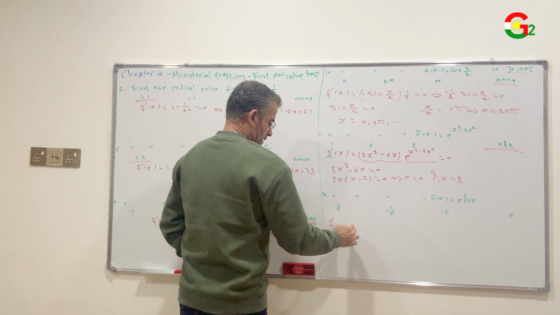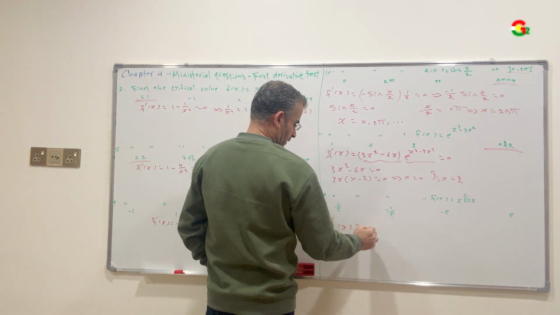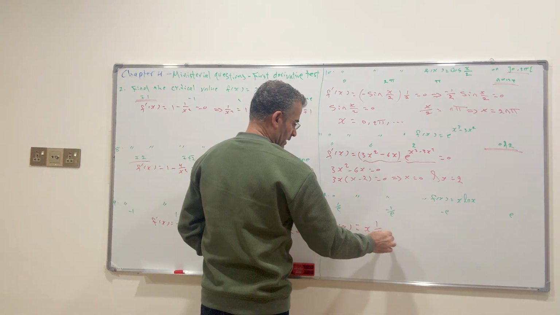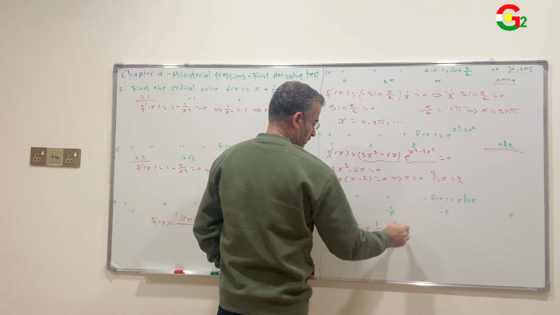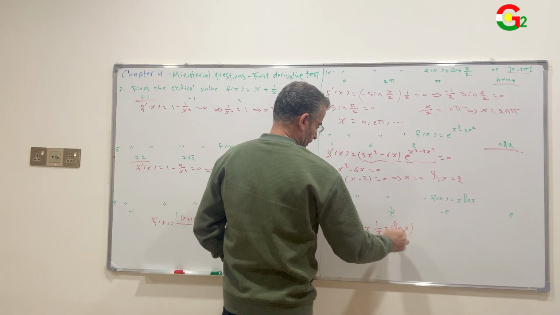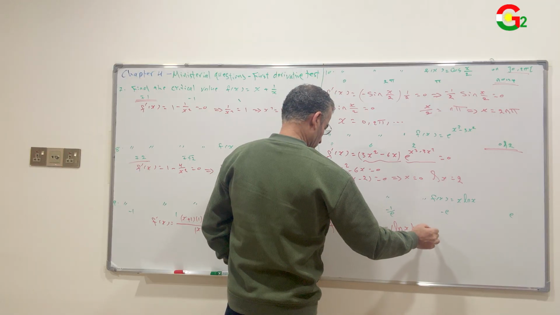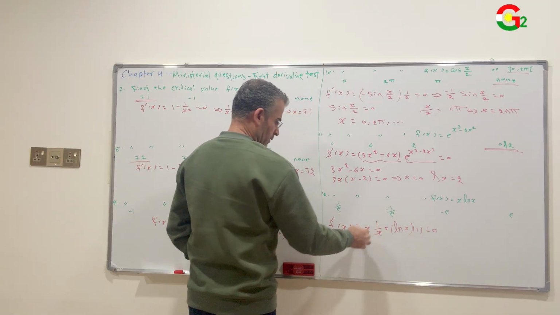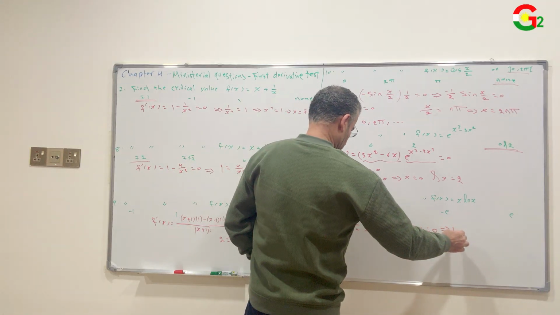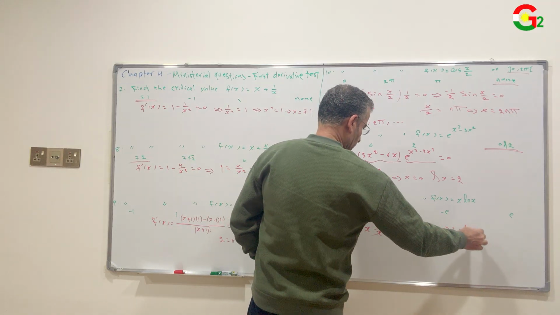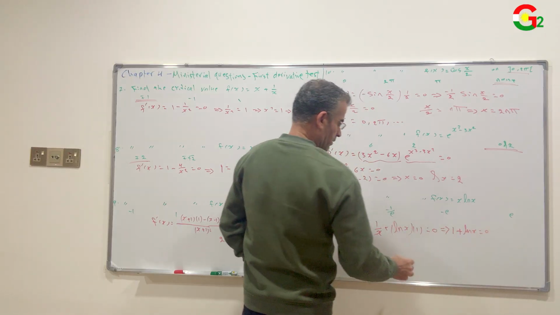Question number 12. Find the critical value of this function. f prime of x equals the first function times the derivative of the second plus the second function times the derivative of the first one. Set it equal to 0. Reduce x with x. Then 1 plus ln x equals 0.